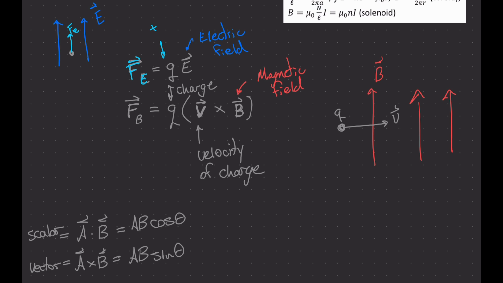Okay, if the charge is negative, you then have to multiply this vector here by a negative sign, right? You have q, minus q times E flips this into the opposite direction, 180 degrees. So a positive charge would feel a force going upwards, but if I put a negative charge, let's do it in red over here, this would feel a force going downwards.